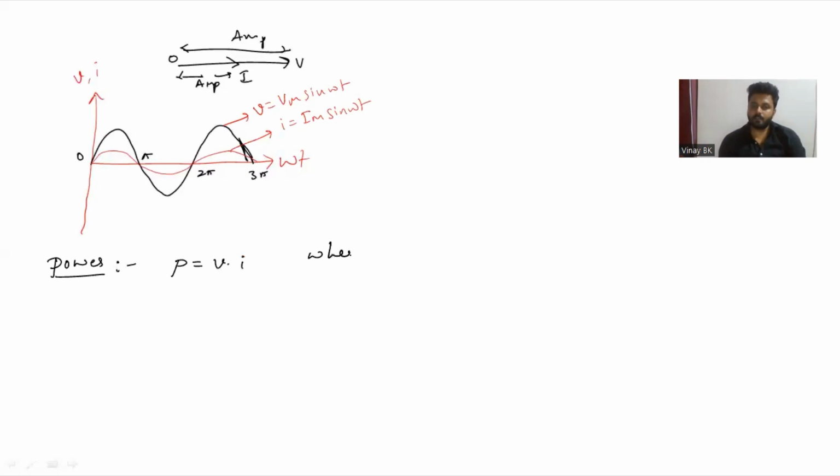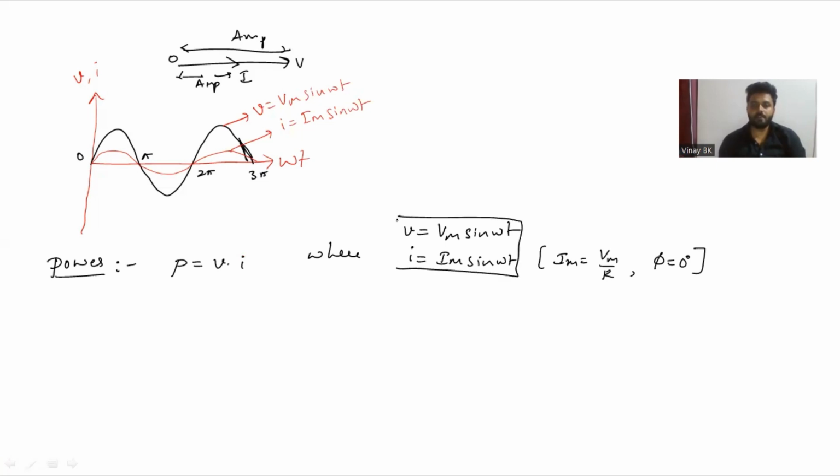The instantaneous voltage is Vm sine omega t, and the instantaneous current we just derived is Im sine omega t, where Im is Vm divided by R and phi is 0 degrees. Now we substitute the voltage and current into the instantaneous power, so I can rewrite power as Vm sine omega t into Im sine omega t.